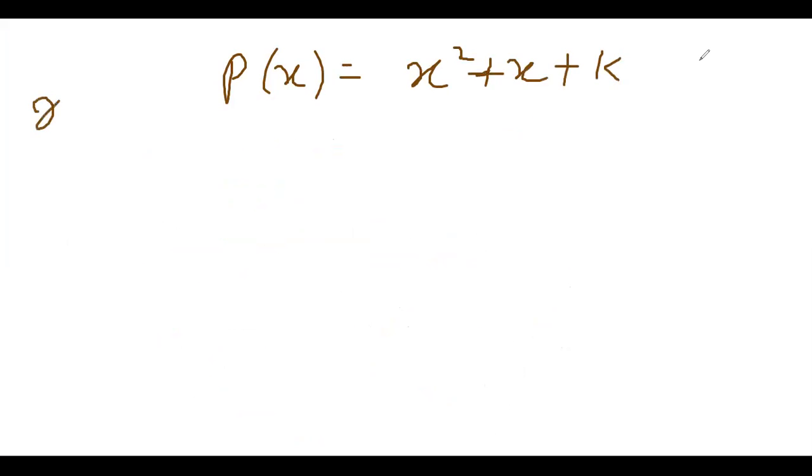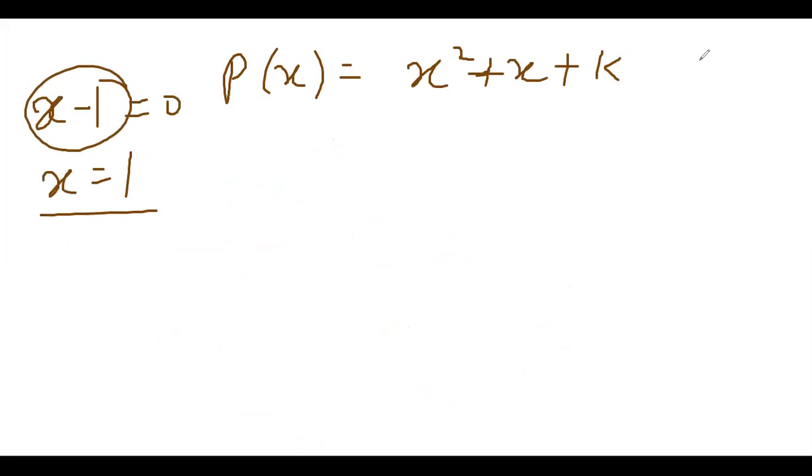Here the expression you have given is p of x is equal to x raised to power 2 plus x plus k. Right? And it's given x minus 1 is a factor, so you will put here x is equal to 1.